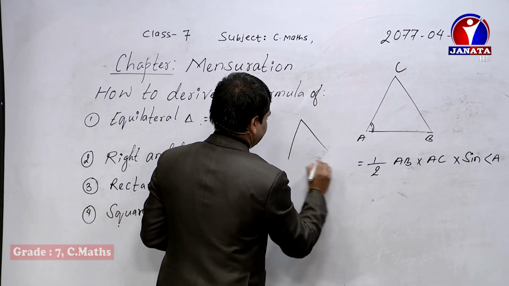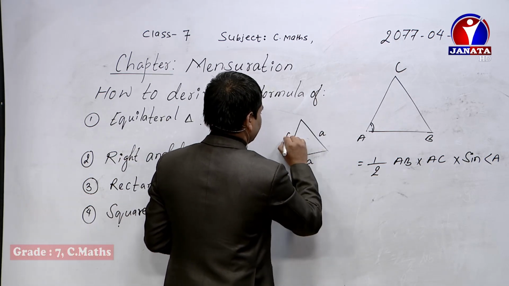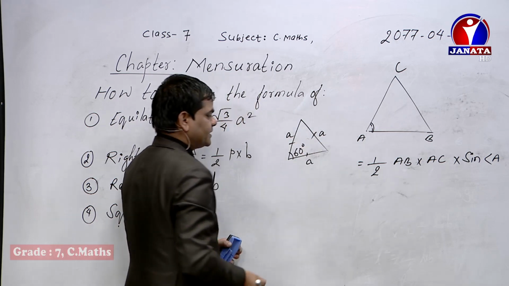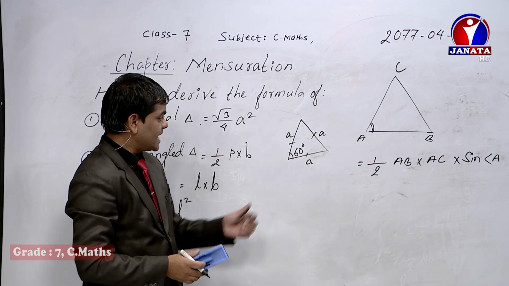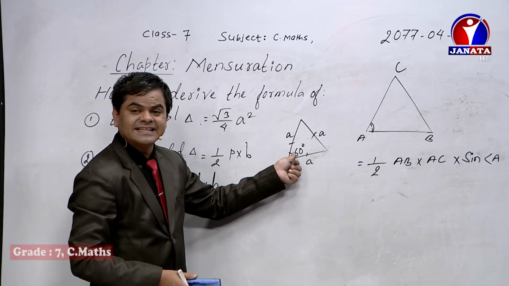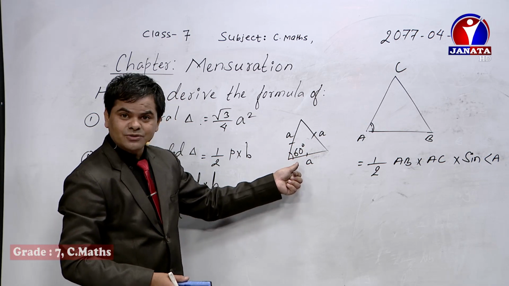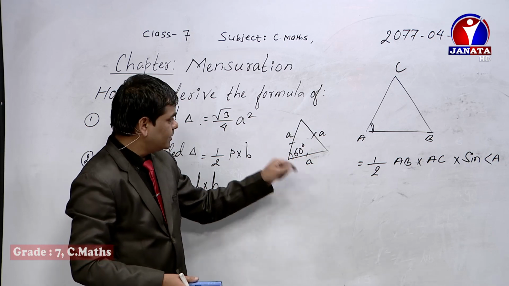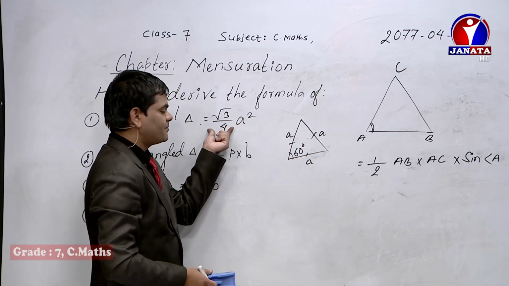It means in an equilateral triangle all sides are equal, so we suppose all sides as a. Now all angles are 60 degrees. We took the concept of the equilateral triangle, so 1 by 2 a into a square into sine 60 degrees. It means root 3 by 2. So 1 by 2 into root 3 by 2 into a square gives root 3 by 4 a square.